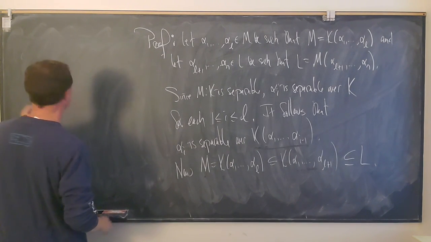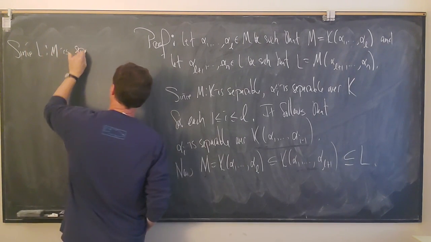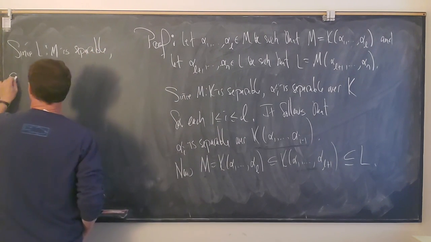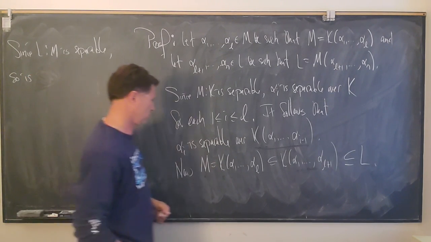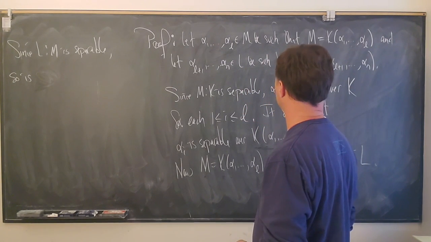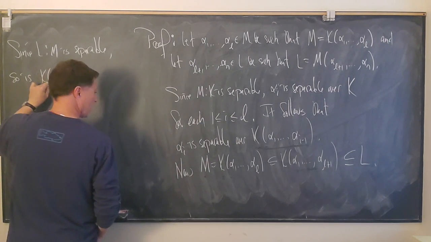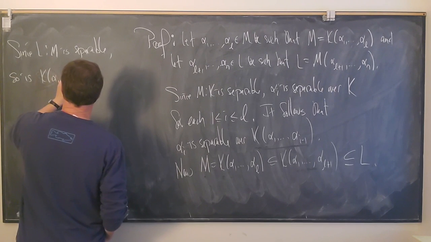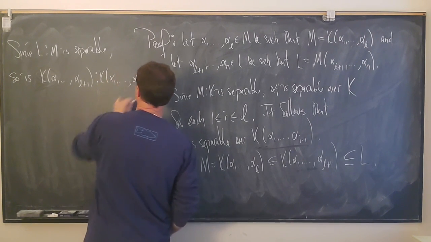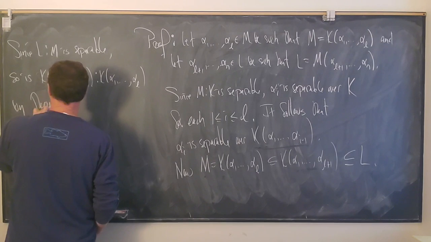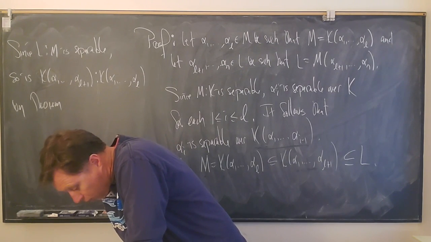So since L over M is separable, so is K adjoin alpha 1 up through alpha l plus 1 over K adjoin alpha 1 up through alpha l. This is by Theorem 4.1.